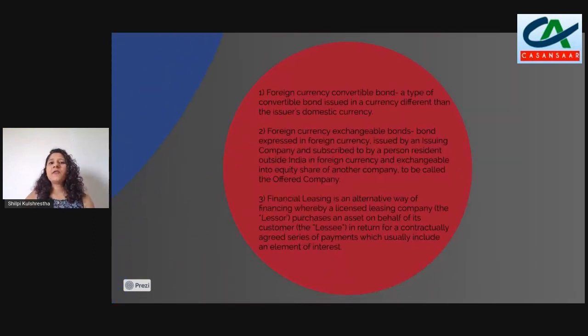And another is foreign currency convertible bonds, foreign currency exchangeable bonds, and financial leases. These are other kinds of instruments where the ECB concept applies as it is. So these are some of the types of external commercial borrowings which are included.